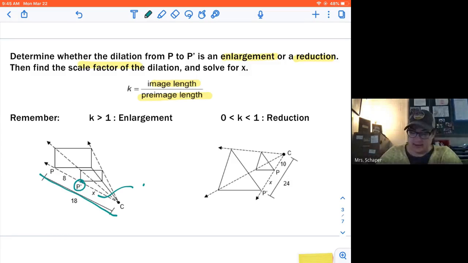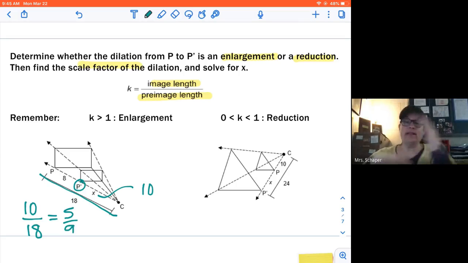And I got that because the full length is 18. Then from P to P prime is 8. So from the center of dilation to P prime is 10. So if I want to figure out if this is an enlargement or a reduction, I'm going to take the image length, which is 10, divided by the pre-image length, which is 18, and that's going to give me 5/9. Because that's between 0 and 1, this one is a reduction.